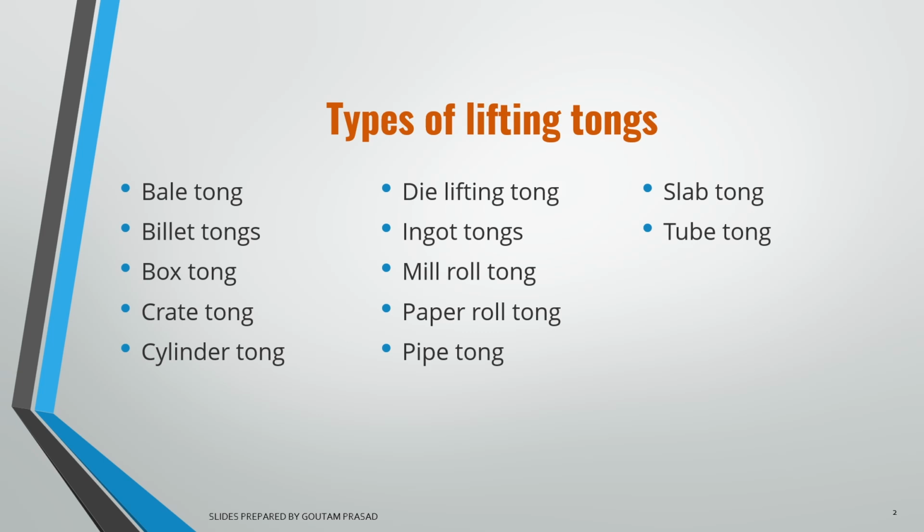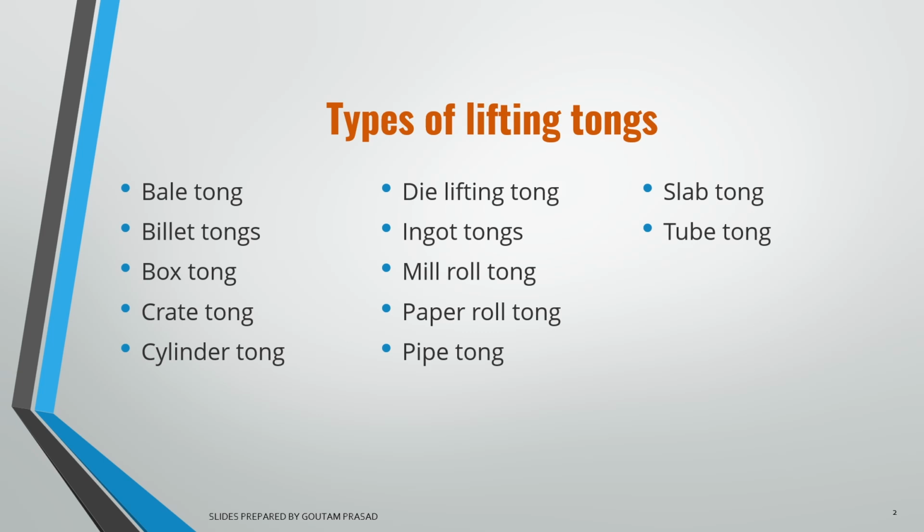Here are some basic types of the lifting attachments used in the crane. So we have bale tong. We will see what are bale tongs, billet tongs, box tong, crate tong, cylinder tong, die lifting tong, ingot tong, mill roll tong, paper roll tong, pipe tong, slab tong, tube tongs.